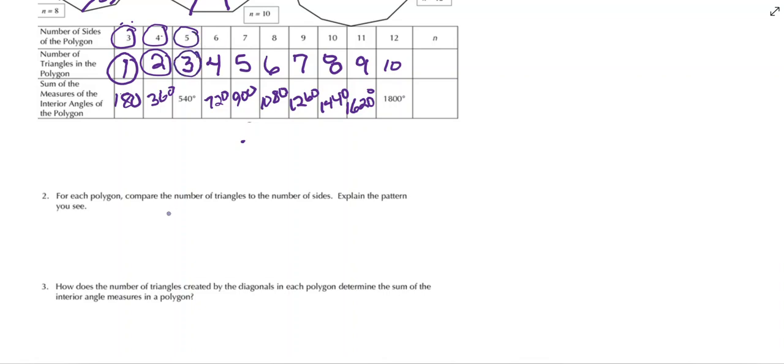So looking at it, the number of triangles would be the number of sides minus 2. So the number of sides, which we let n be, minus 2. That's what goes up here. N minus 2.